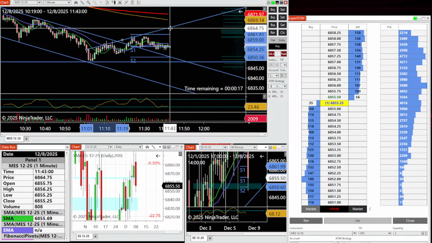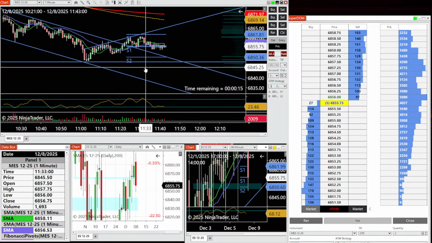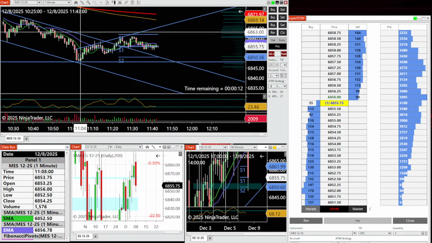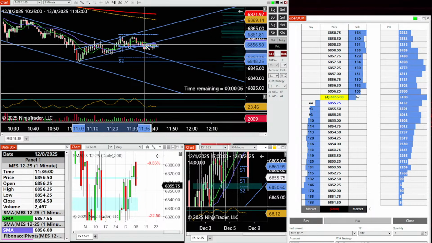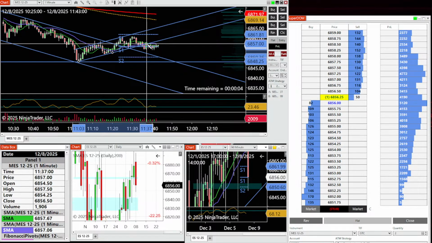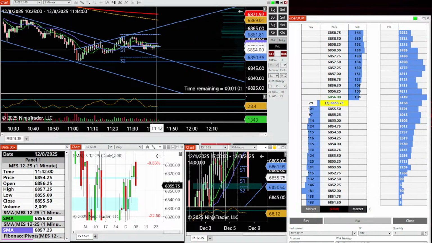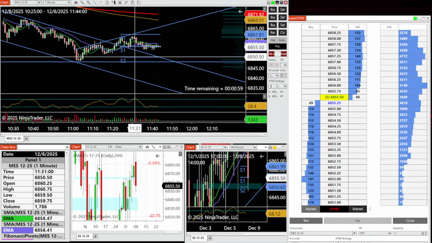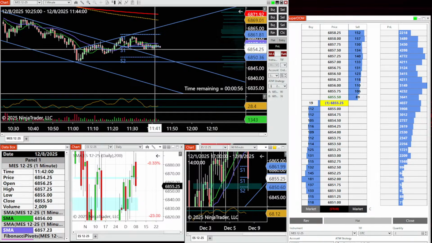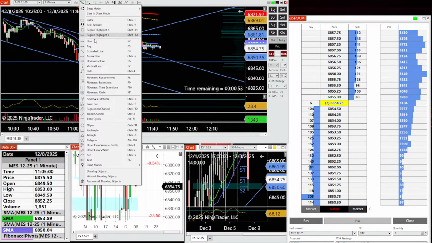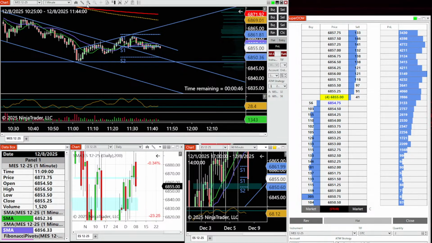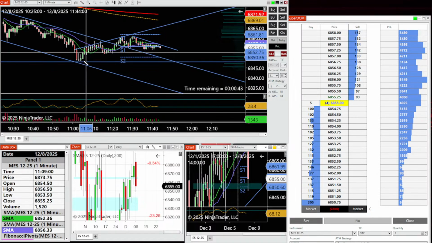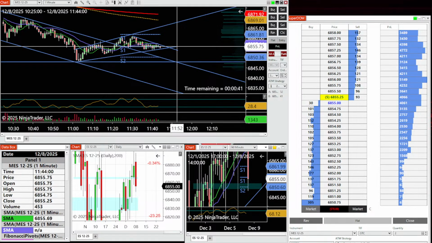Right now we're just in between. We broke out of this up channel. But between here and this channel, I'll do a line right now. If we did this line here, and we draw a line here, we just in this real tight pennant right now.